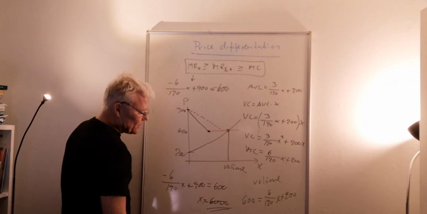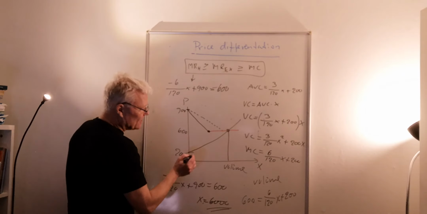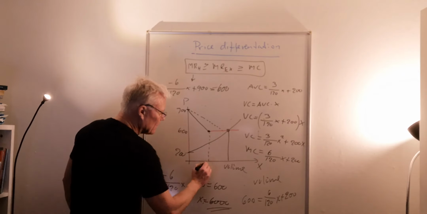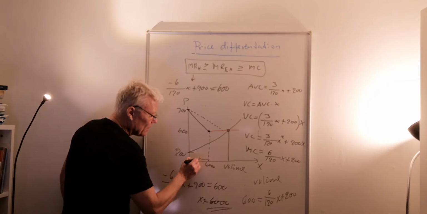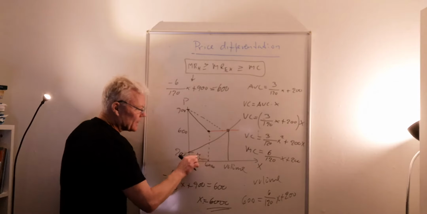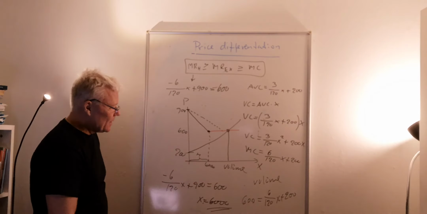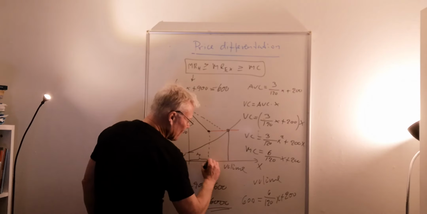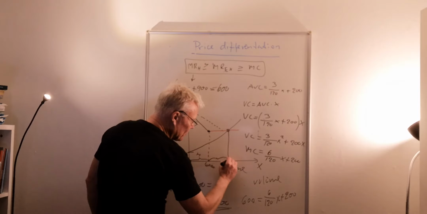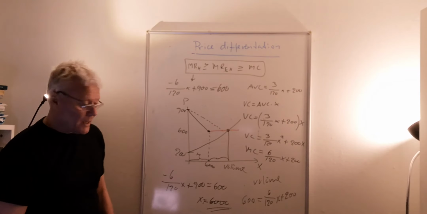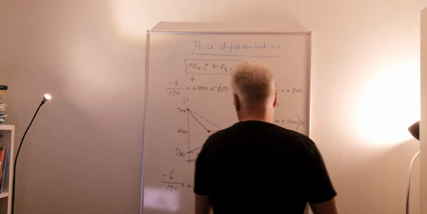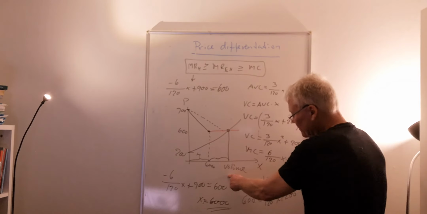So the first 6,000 is going to be sold at home. That's the H, at home. The rest from here and out to the volume is going to be sold at the export market. And to be able to find that one, we have to find the volume.